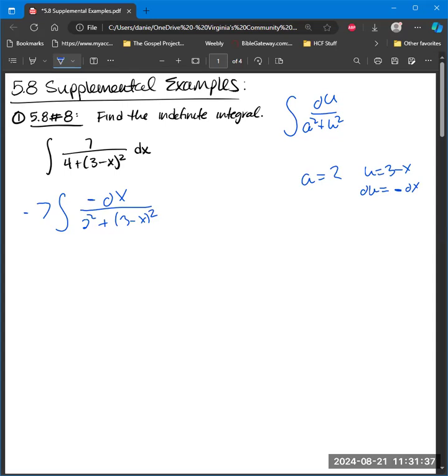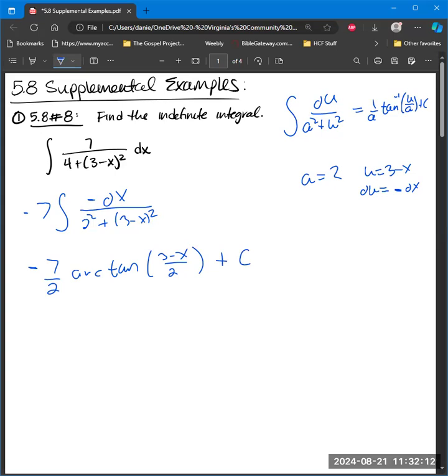And so this is going to be negative 7, and then this is equal to 1 over a arctangent of u over a plus c. So this is over 2, arctangent of u over 2 plus c.